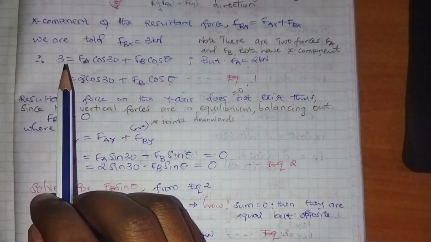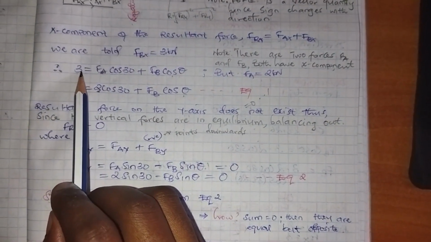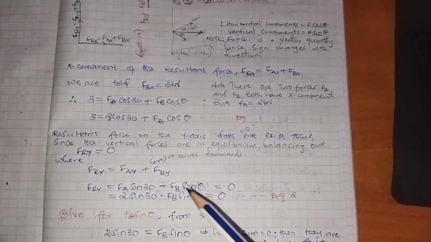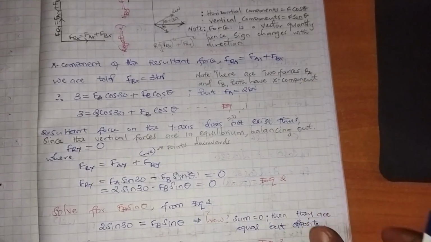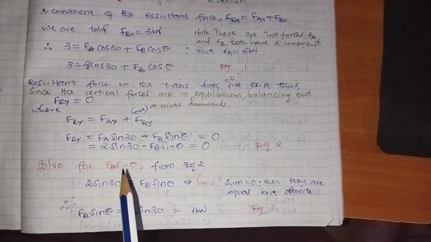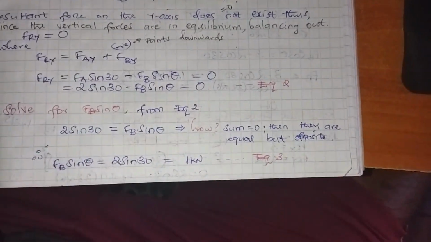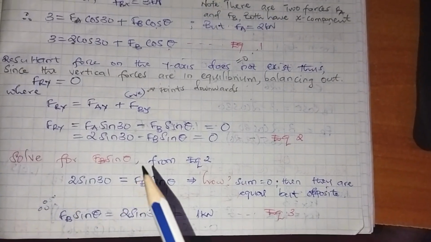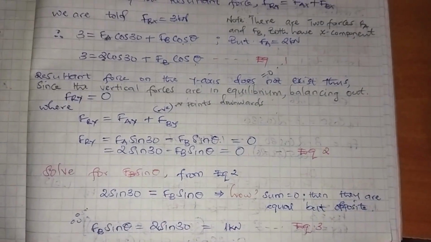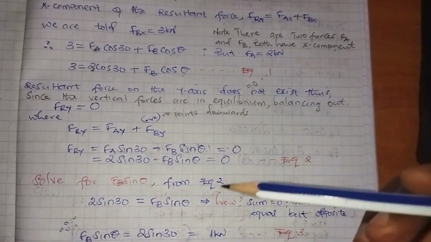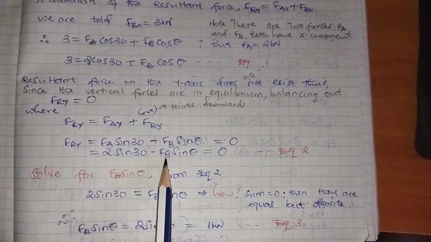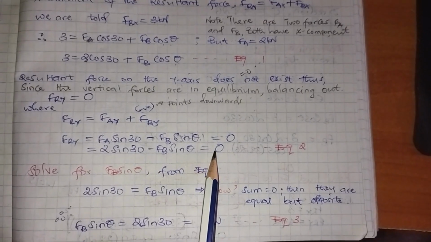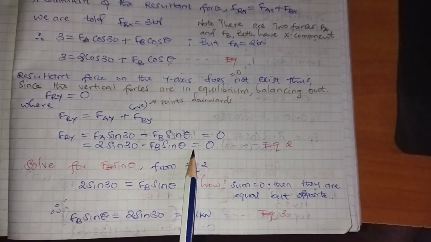Remember the other one we equated to 3 because we have a resultant in that direction. That means it's a movement along the x direction only for this question. It depends on whatever you are working on, but on this question we already know what we are dealing with. Because we do not have this force FB and theta, we cannot solve any further.